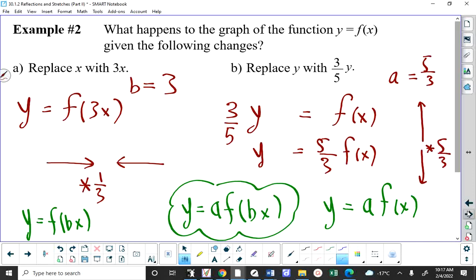This is meant to illustrate to you, and this is very tricky and I don't want to spend a lot of time talking about it, how we have to flip B over, but we don't have to flip A over to get a stretch factor. The reason is A has already been flipped over because it's no longer with the Y. When you have a number in front of X, you have to flip it to get the stretch factor.